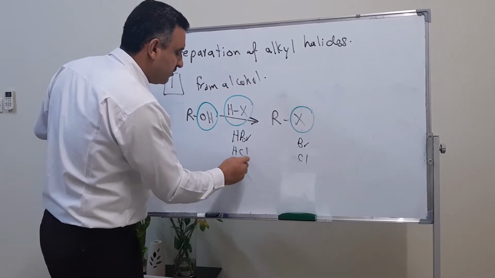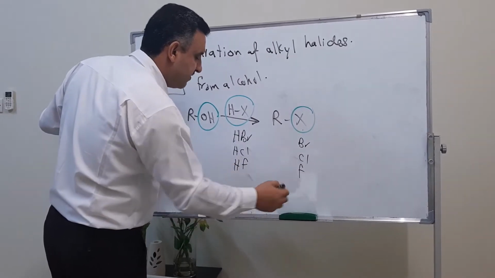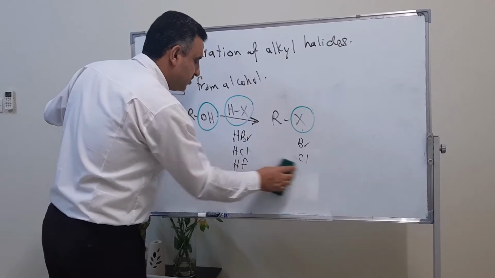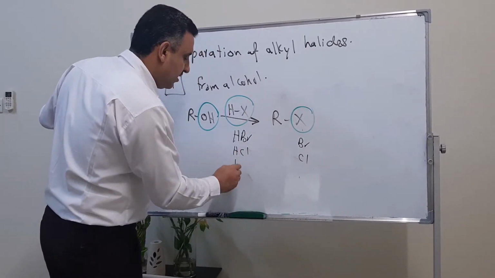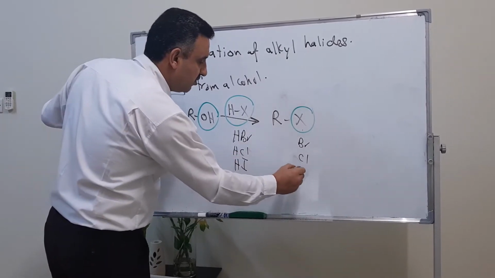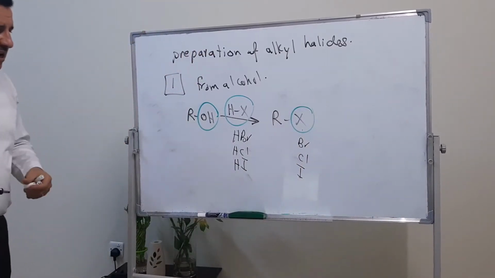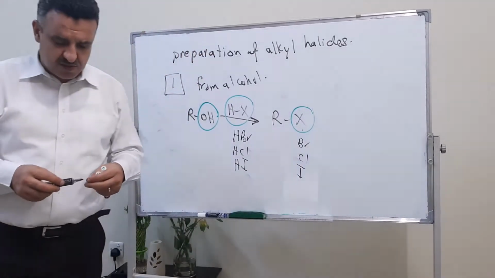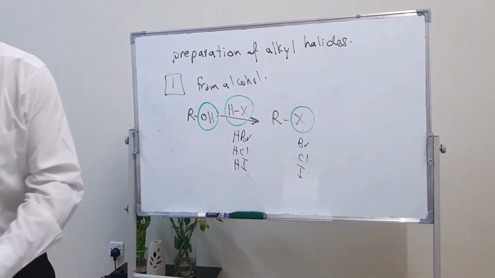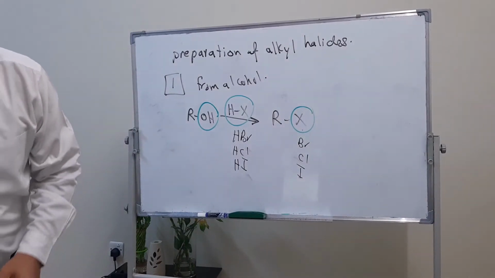If you allow it to react with HF, then you get F. Most likely we are not going to use HF, but for example with HI, you are going to get I. So this is the first method of preparation of alkyl halides.